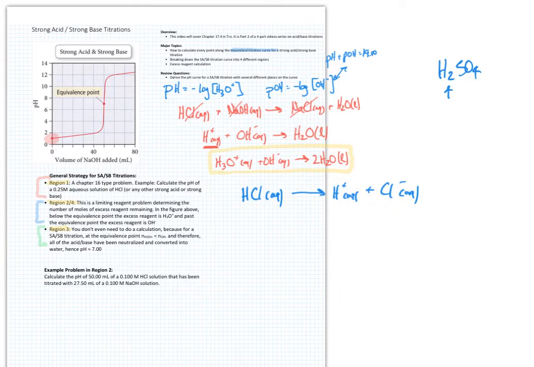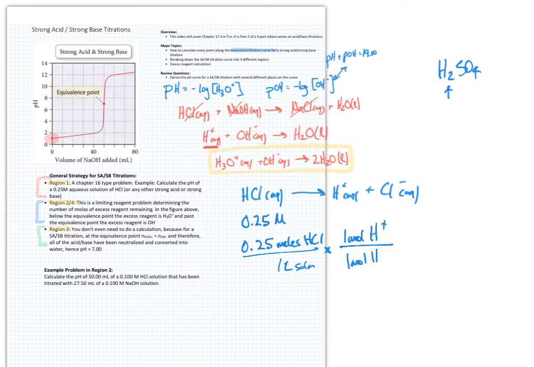So technically, we really need to write down the concentrations here. We've got a 0.25 molar HCl solution, which means 0.25 moles HCl for every 1 liter of solution. And it's probably a good idea to do a little calculation to say I got 1 mole H+ for every 1 mole of HCl.